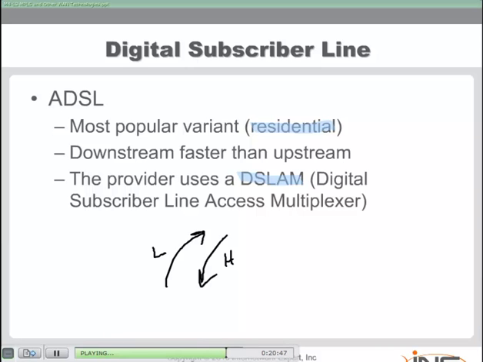One of the issues with ADSL is you can only be so far away from one of these DSLAMs. So there are distance limitations with subscribers as far as how far away they might be from one of these DSLAMs that makes all the magic of DSL happen.